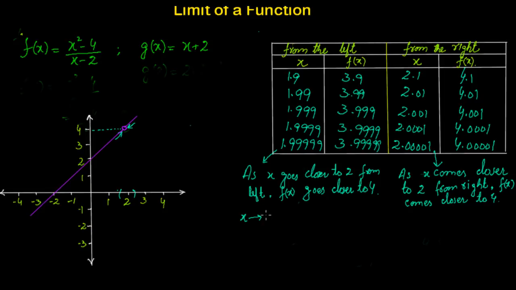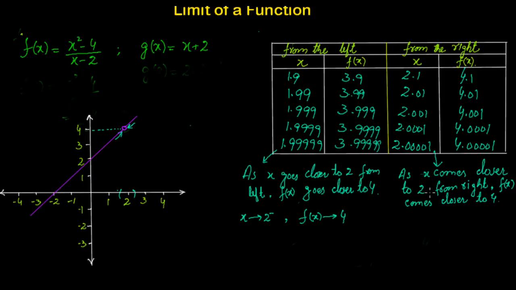As x goes closer to 2 from left, this will be represented by x arrow to 2 negative, f(x) goes to 4, we write it as f(x) arrow 4.